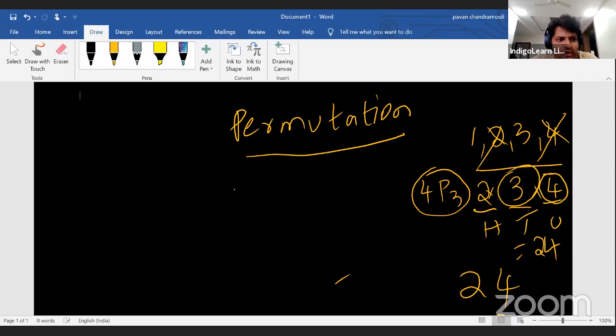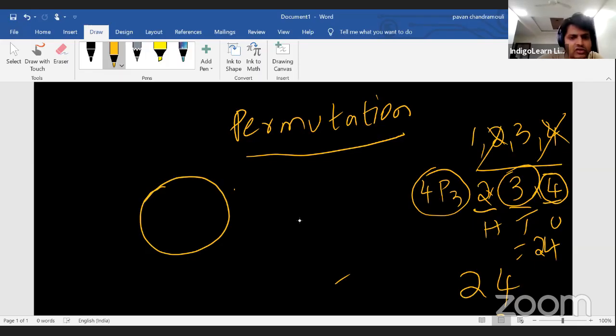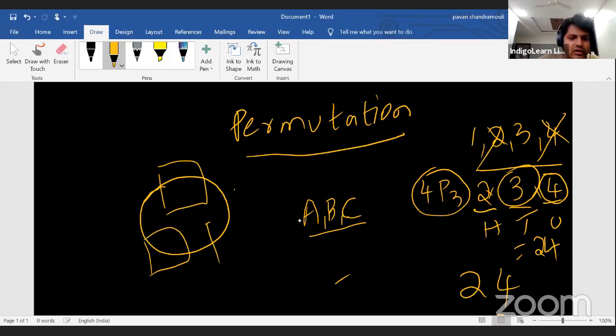So for example, if I have to use the concept of permutation or arrangement to make people sit on a circle, let me draw a circle for you guys. Let's assume I have to make these people A, B, C sit on a circular table having 3 chairs. Now the question is, how do you achieve that?